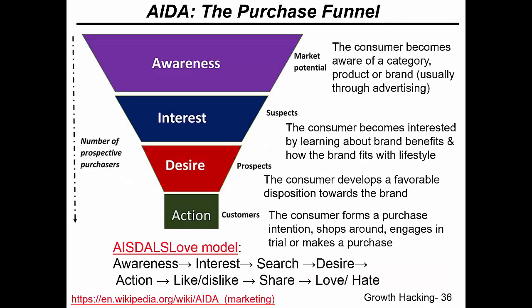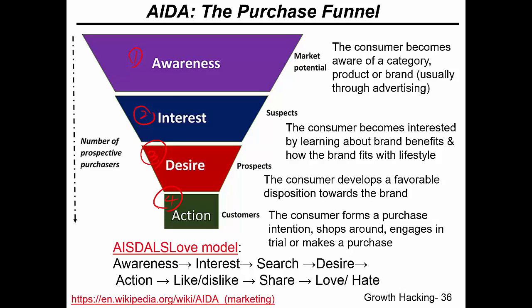And in marketing, we often use a purchasing funnel, or marketing funnel as we call it. In this simplified one, we have 4 steps. First is awareness. Second is interest. Third, desire. Fourth, action.